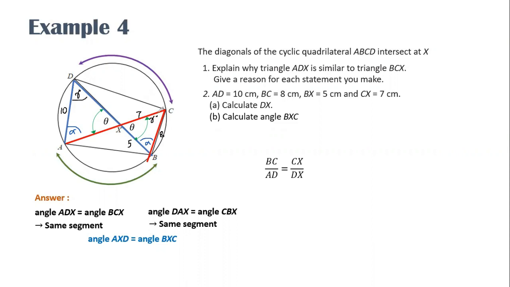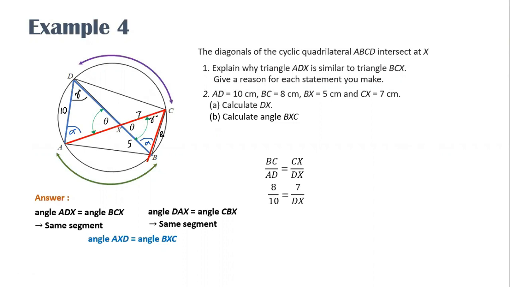So, because both triangles are similar, you can say that BC over AD equals CX over DX. Once again, BC over AD equals CX over DX. Now, you have to insert the data and lengths, of course. 8 over 10 equals 7 over DX.